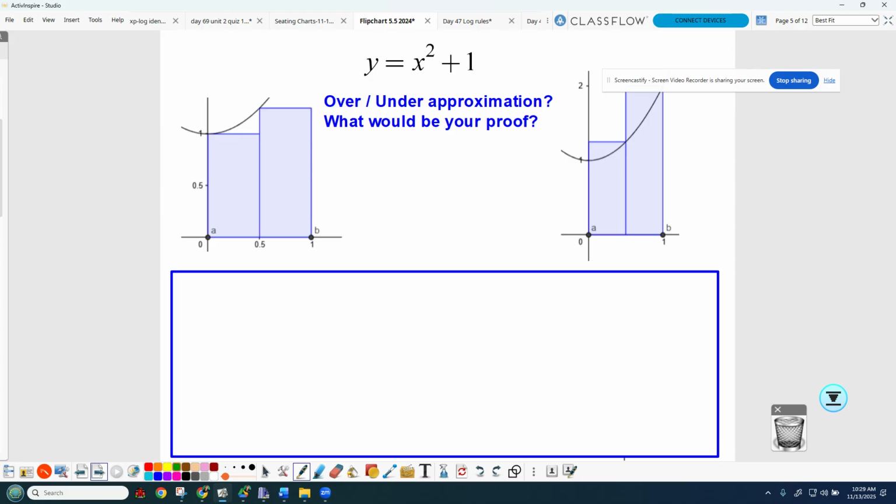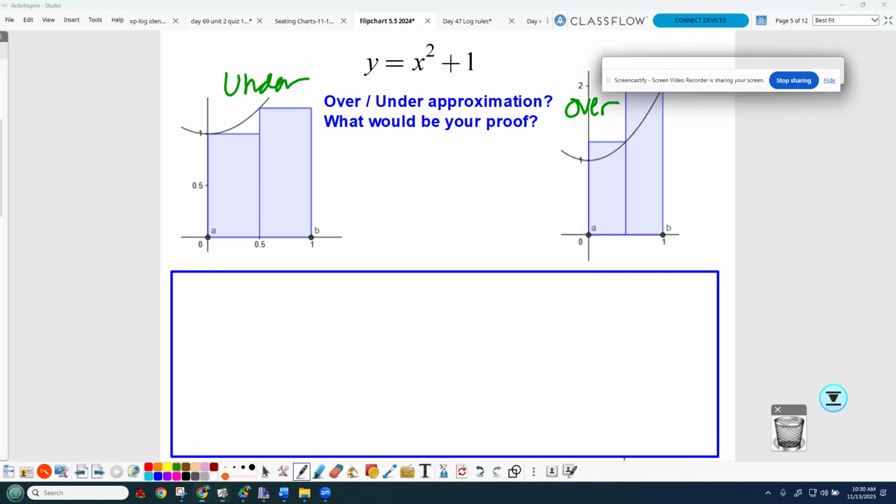What about the rectangles? I mean, clearly, LRAM made this an under approximation. And this is over. Is it because of concavity? Sam says no. Well then, Sam, what is it? Could it be like increasing?